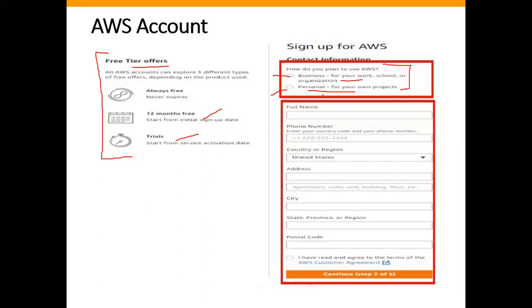After selecting the personal plan, you need to give your personal details: full name, your number, your country, your address, and then your postal code. In India, we call it PIN. If you want to read their terms and conditions, you can read them also. Then you can check the checkbox and click on continue.